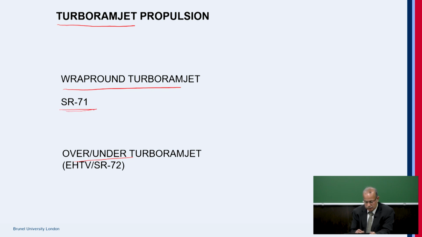SR71 Blackbird uses this wraparound configuration, and the next generation of Blackbird, Lockheed Martin, they use over-under layout turbo ramjet. And European Hypersonic Transport Vehicle Program also, they were doing this on the over-under layout.